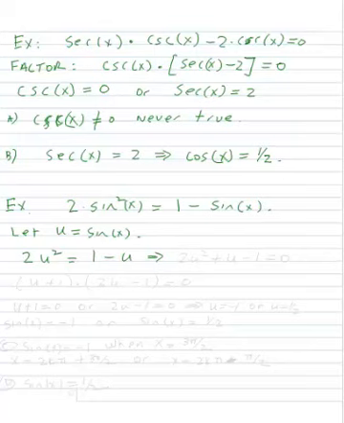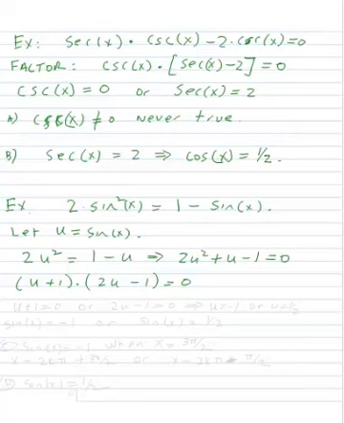So let's put it in standard form. We get 2u squared plus u minus 1 is equal to 0. And then we can factor, right? We can factor that as u plus 1 times 2u minus 1 equal to 0.